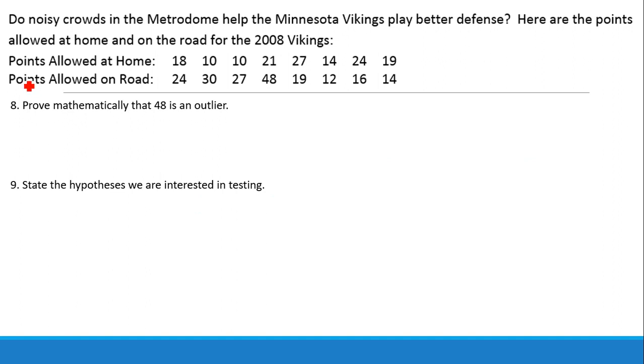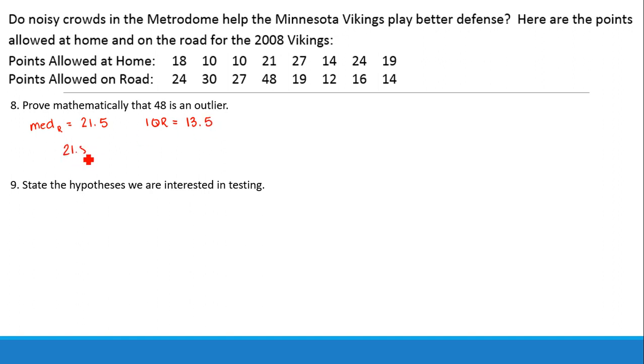Prove mathematically that 48 is an outlier. So your median for road is 21.5. Your IQR is 13.5.